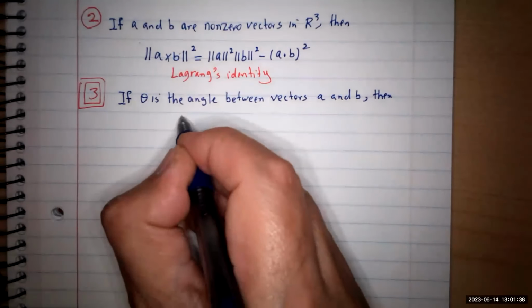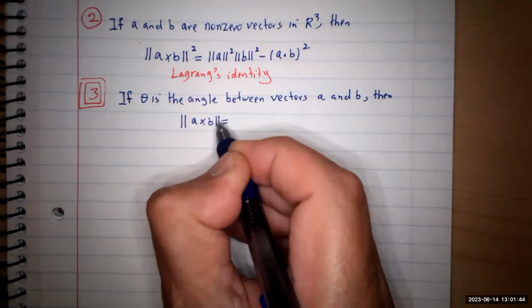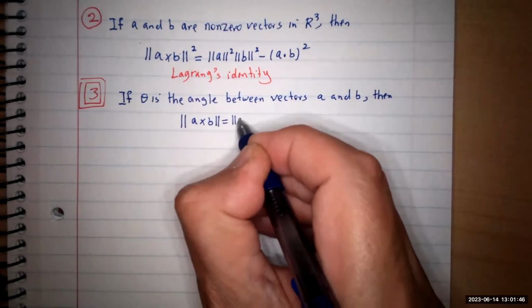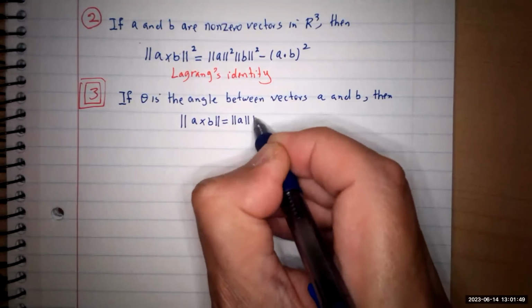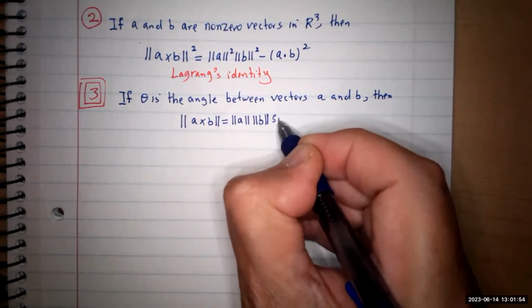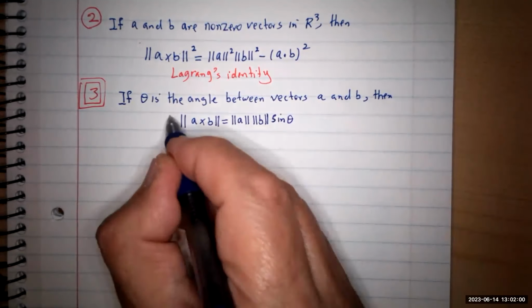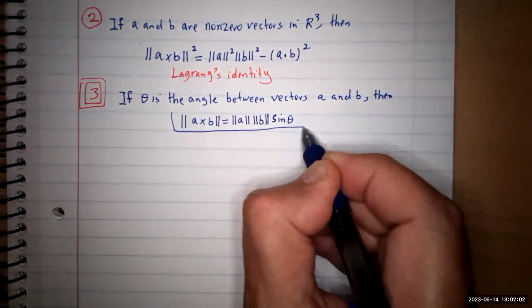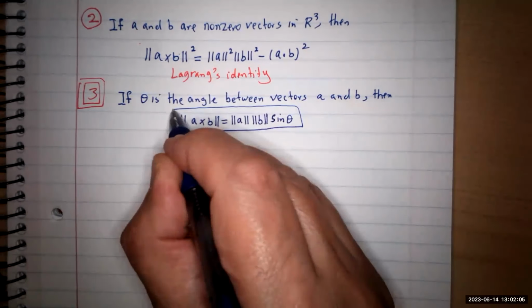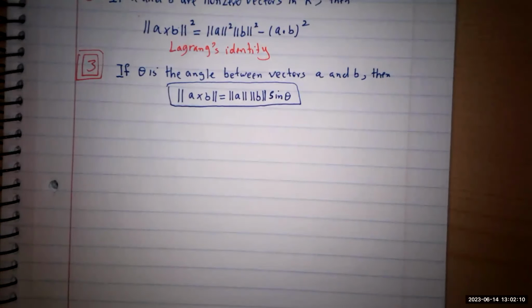Then norm of A cross B is equal to norm of A times the norm of B times the sine of theta. That's the sine. Remember, theta is the angle between. This is a nice formula, and that gives us the second geometric property of a cross product that we're going to have.